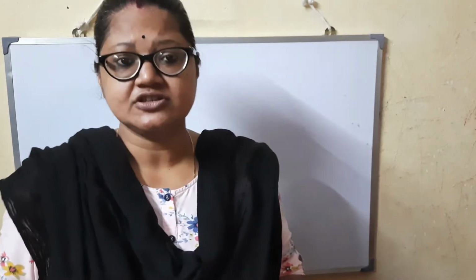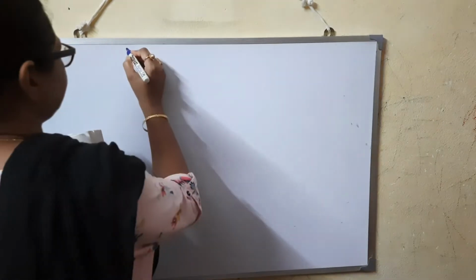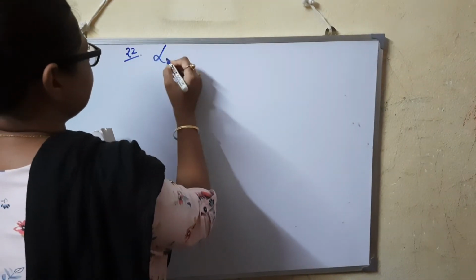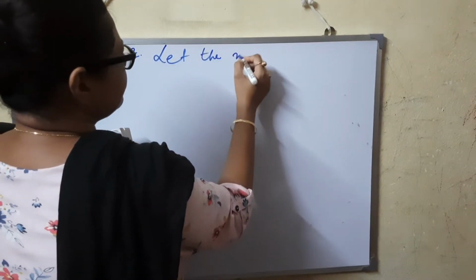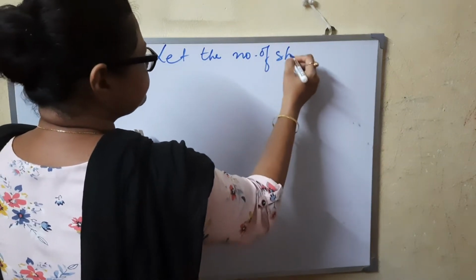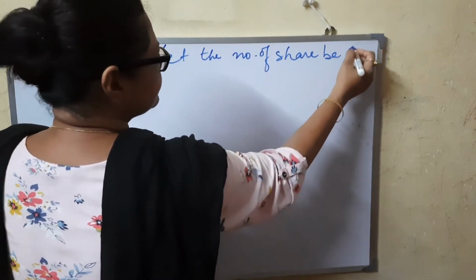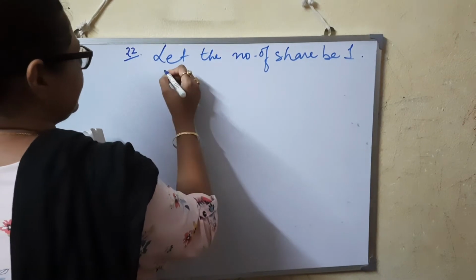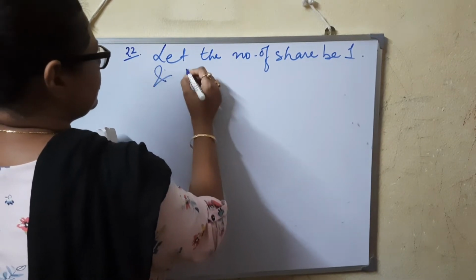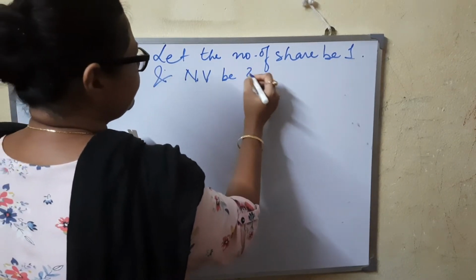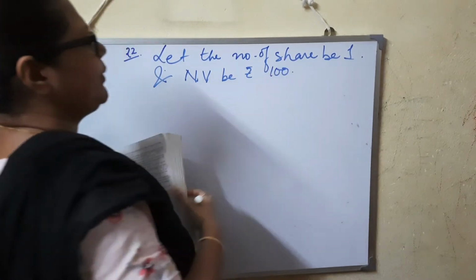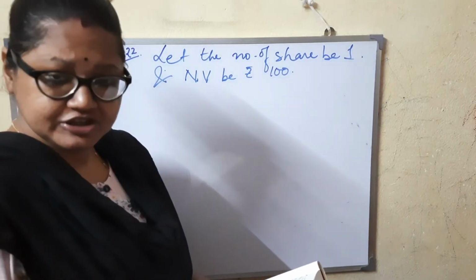So for sums of this sort, what we do is we consider, let the number of shares be 1 and nominal value be rupees 100, or rather we always take nominal value to be 100 if it is not given.